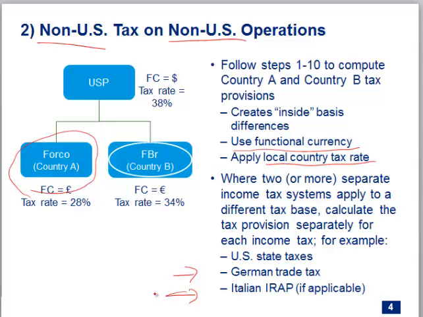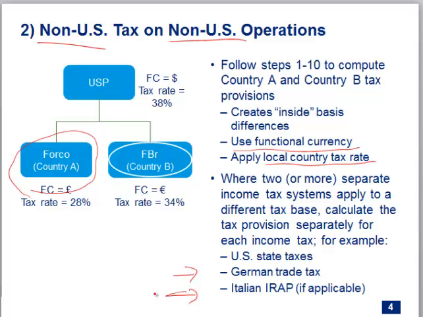Inside basis difference just means the deferred taxes that exist at the UK level. So if the UK has a bad debt reserve, then the UK has a DTA. If the UK has to add that back like the US tax system, then in the future when that turns, you're going to save UK taxes because of the temporary difference. That's what the inside basis difference is. It's the same exact thing as a temp difference for a US provision.